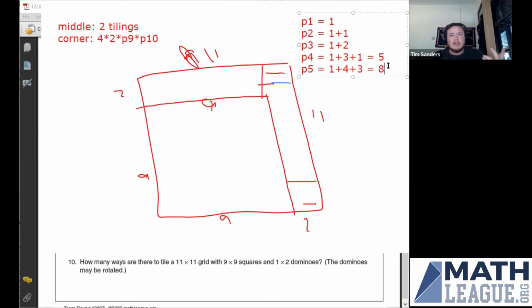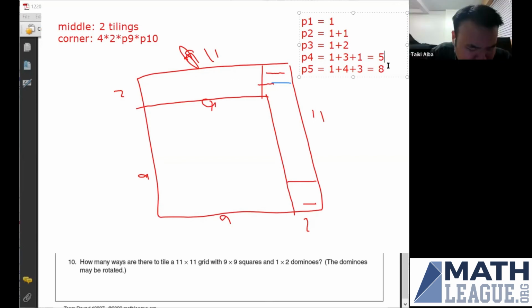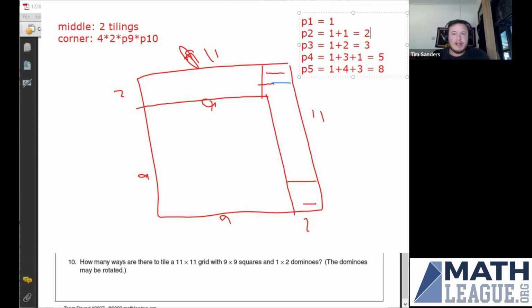At any rate, it looks Fibonacci enough to me. And there is a nice inductive proof about this, that basically we're looking at P9 and P10. P5 is 8. We're close enough, we can just push this on through.